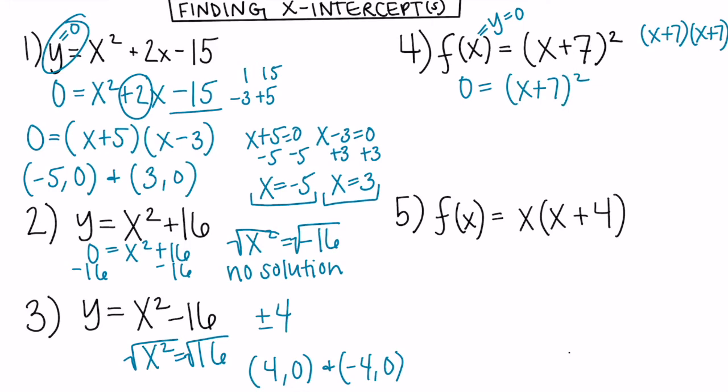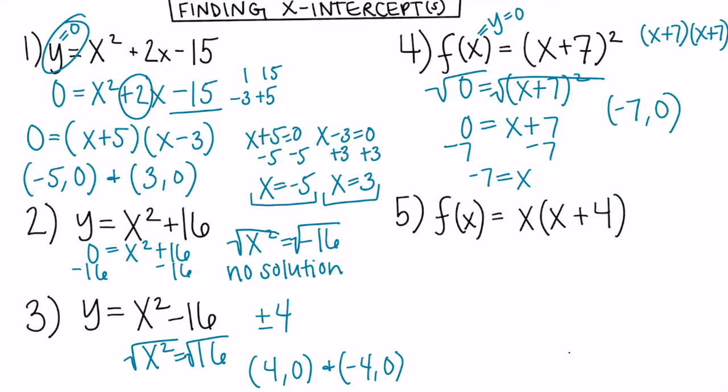So to get rid of squared, we square root. Square root of 0 is just 0, and then solve for x by subtracting 7. So you'll notice with this one, we only got one answer, which we need to write as an ordered pair, right? Our x is negative 7, and in an x-intercept, our y is always 0. So this time we only got one x-intercept.